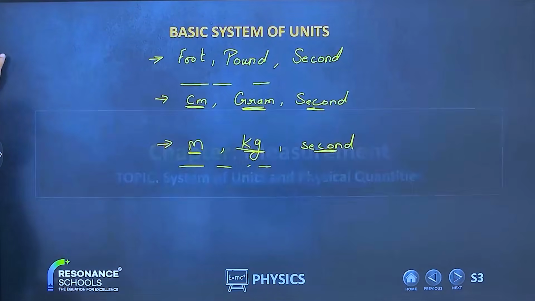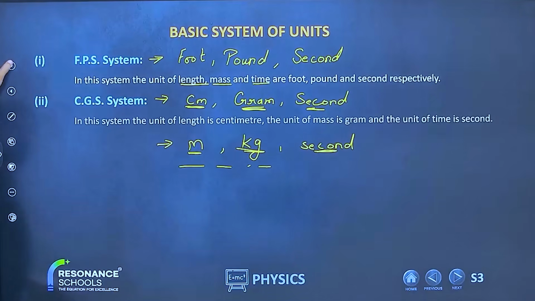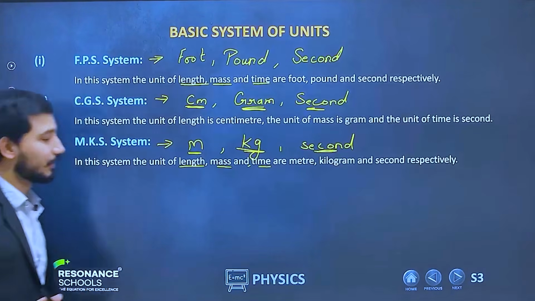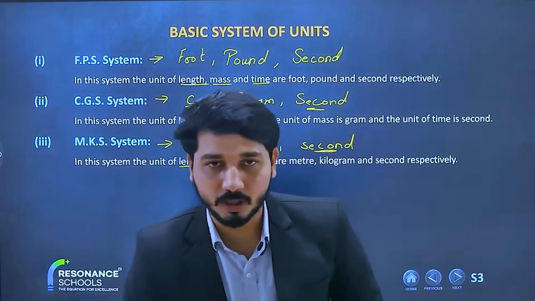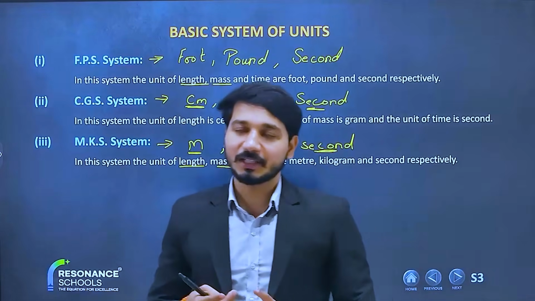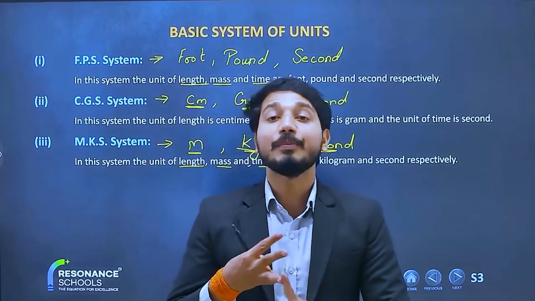Do not get distracted by anything in your surroundings. We had discussed measurement, and the first thing we discussed in this class was the system of units. System of units are classified as FPS, CGS, MKS.